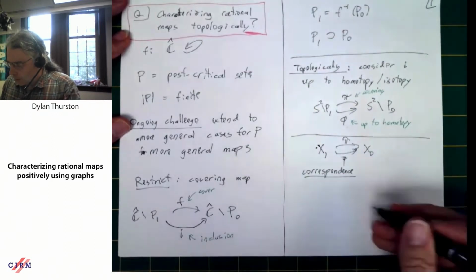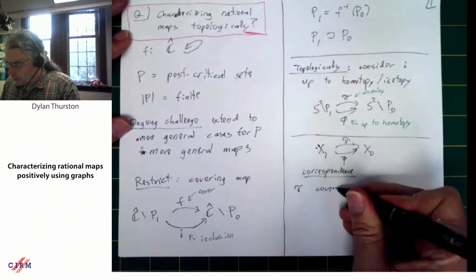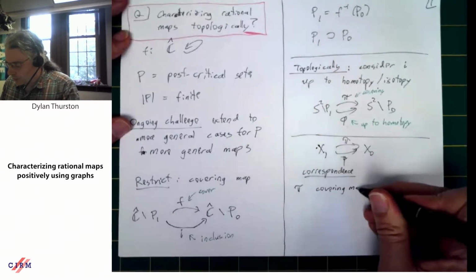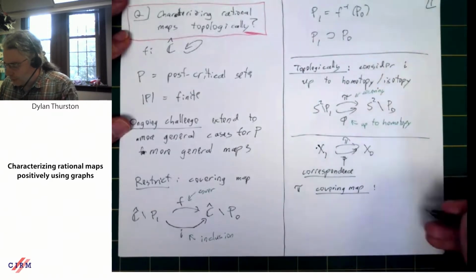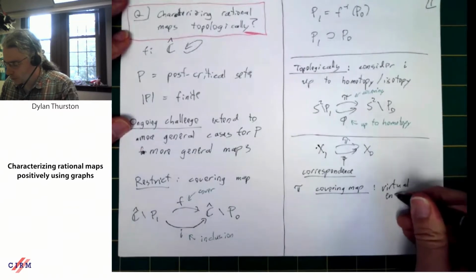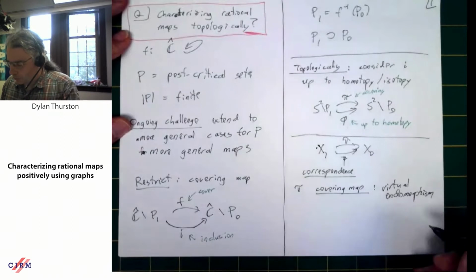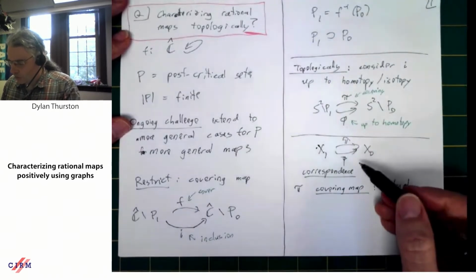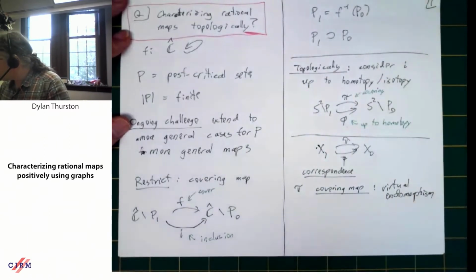And if we require one of these to be a covering map, I think there are at least five different names for this. The name I'll use is virtual endomorphism, because, among other things, it gives a virtual endomorphism in the usual sense of the fundamental group of these spaces.